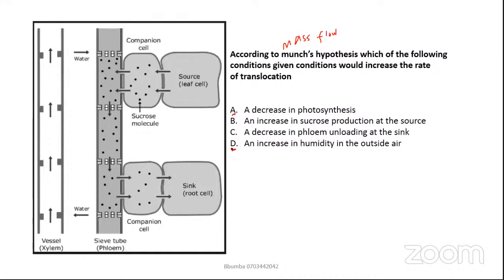For A, when there is photosynthesis going on, there will be a lot of manufacturing of sucrose, so there will be higher concentration of sugars at the source than the sink, and this enables the movement of this material down.